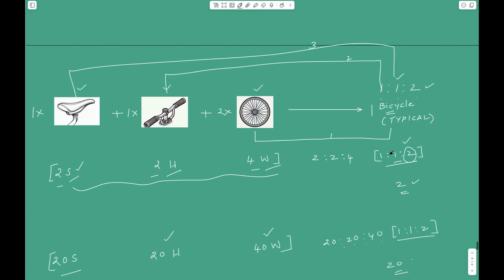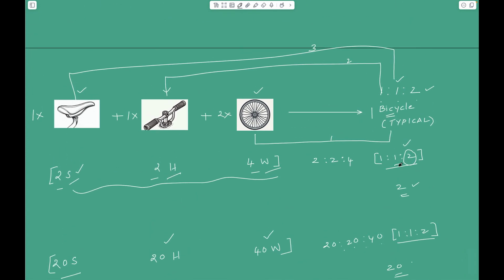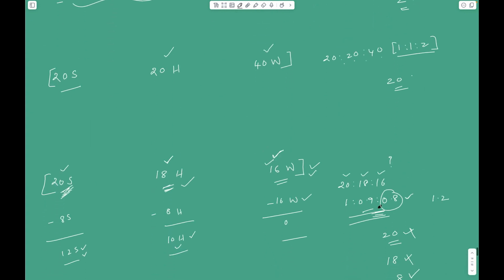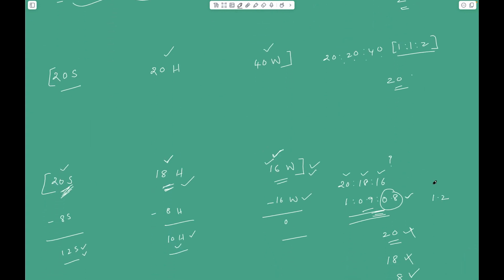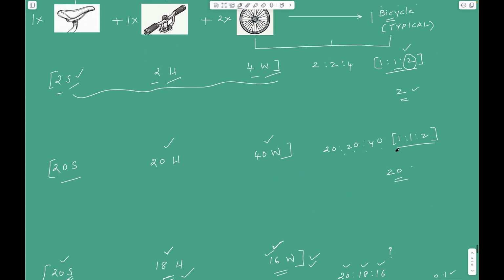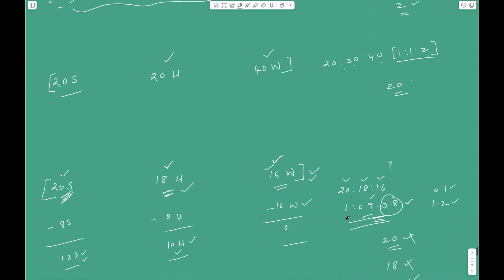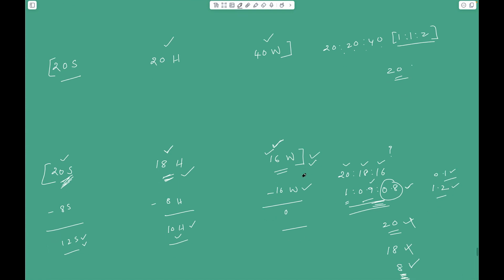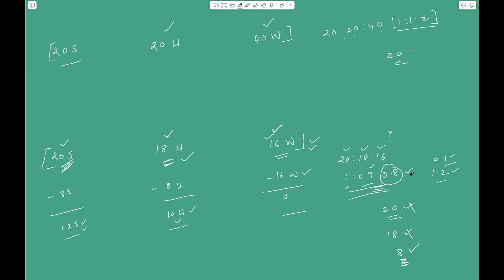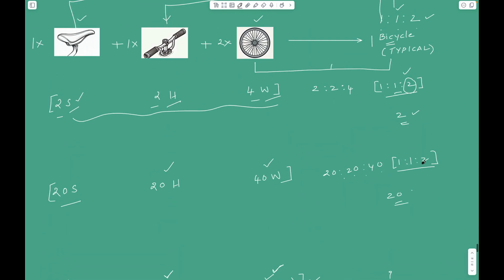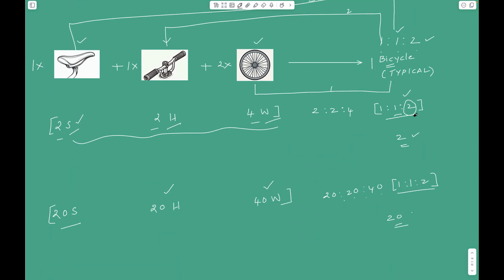That is, for each bicycle you need one handlebar, but we have only 0.9, so the shortage is 0.1. Even here there is a shortage, but the shortage is less here and more here. And here, in case of saddles, both are ones, so there is no shortage. So you can easily identify the limiting component by comparing the actual ratio with what it should be.